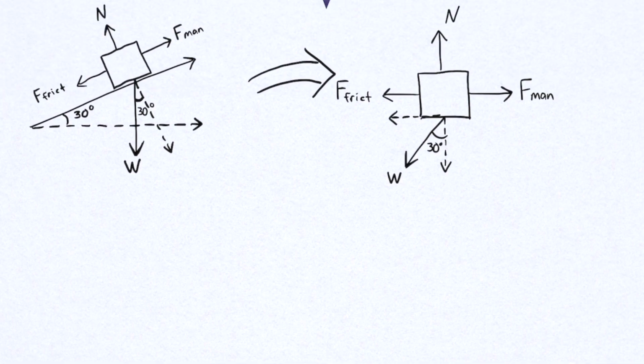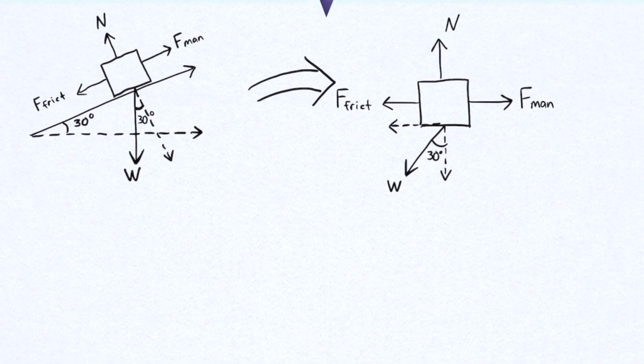So the first thing I'm going to do when I solve for what they are is start with the x component and the y component of this weight vector. So I'm going to label the free body diagram. This is the y component, and this is the x component.